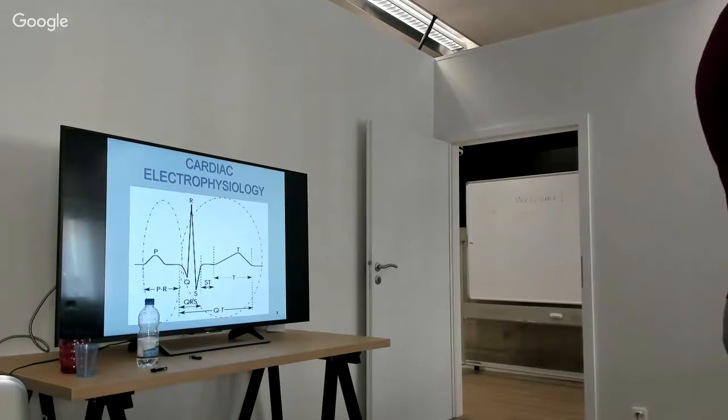The first time people were trying to describe the electrocardiogram, they used a different way to put the electrodes on the surface, and they obtained some waves, and they called them ABCD. Then the signal was not so good. We are talking about the beginning of the 19th century, the device was not so good.